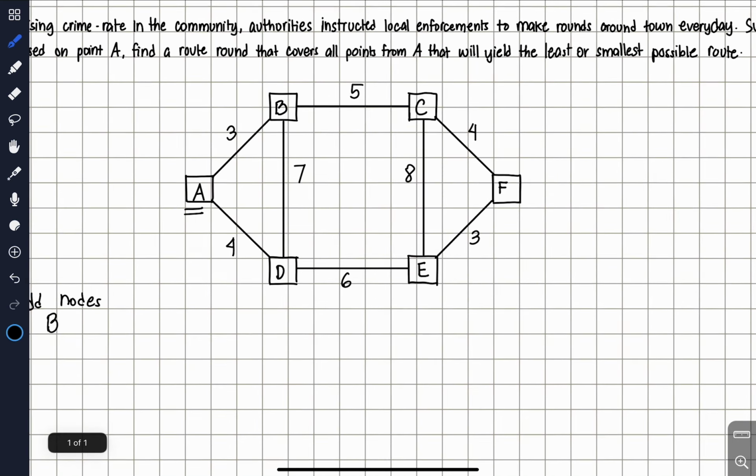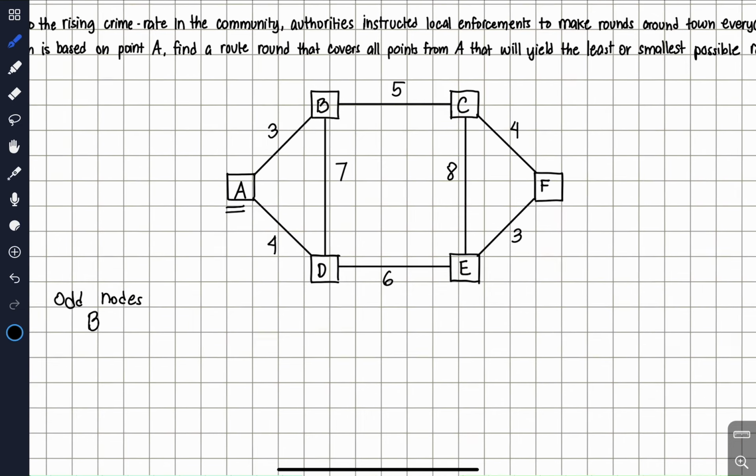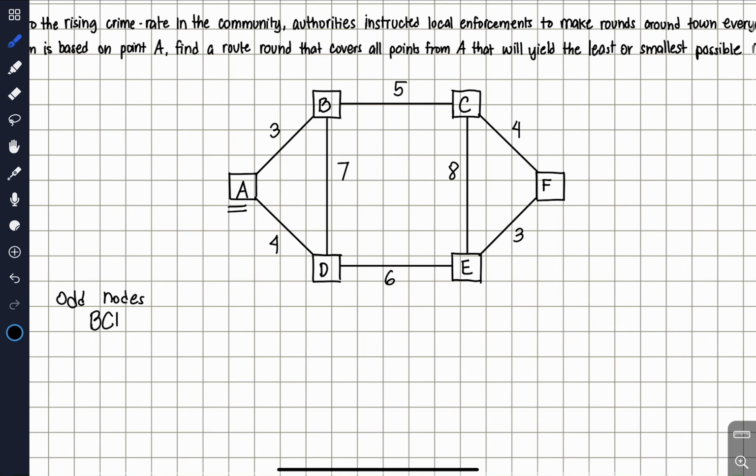Next we have letter C, which also has three paths. Next is letter D, which also has three. Then lastly, we have letter E, which also has three. So in our case, our odd nodes are B, C, D, and E.